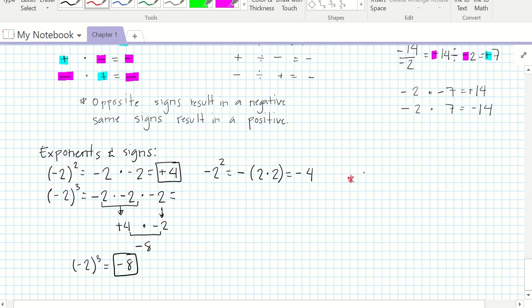So for negative integers or negative bases, with even exponents, that means 2, 4, 6, 8, 10, negative integers with even exponents give positive results.